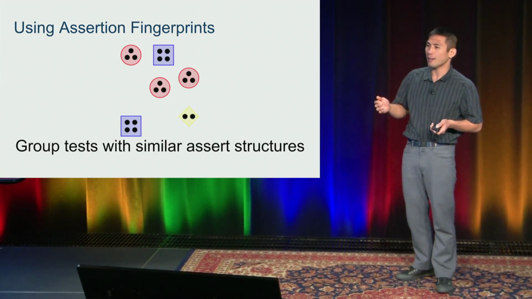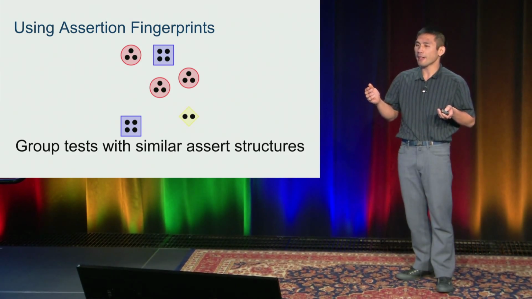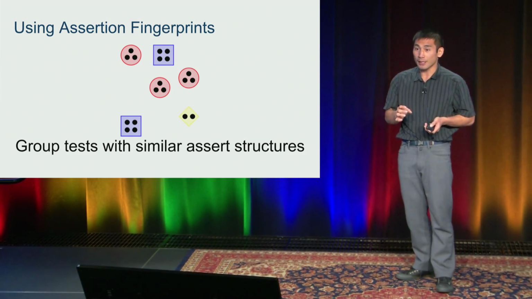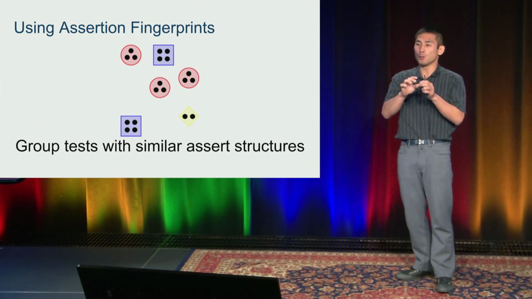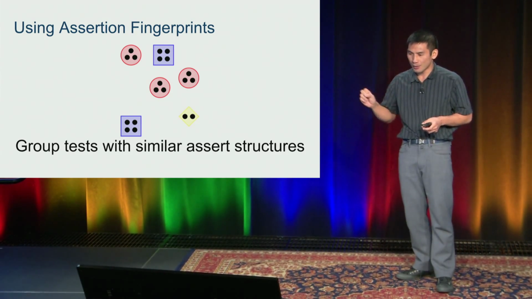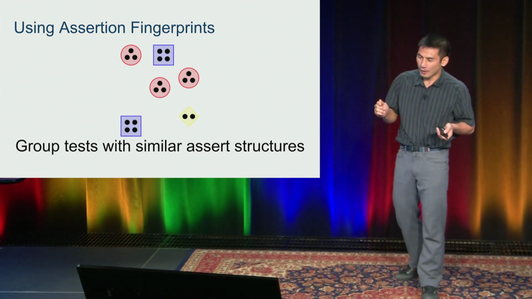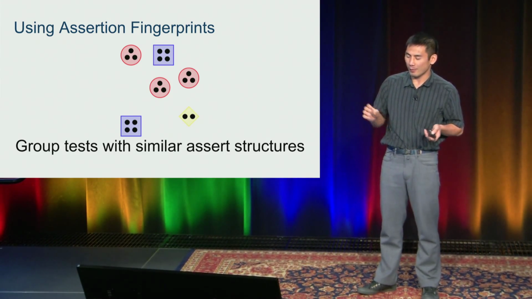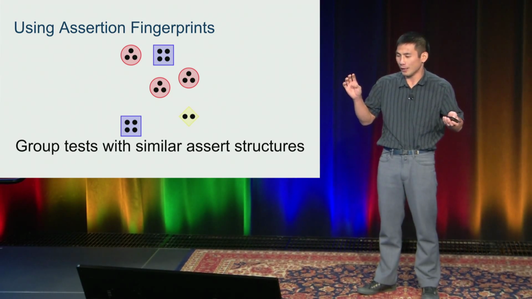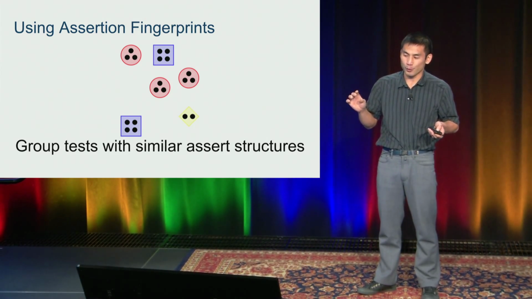And so what we do with that information is we've categorized these methods and collected their assertion fingerprints, and then we group together methods that have the same assertion fingerprints. I've schematically represented this here with these colored boxes, and we can see that we have some boxes with 4 assertions, and we have some circles with 3 assertions.